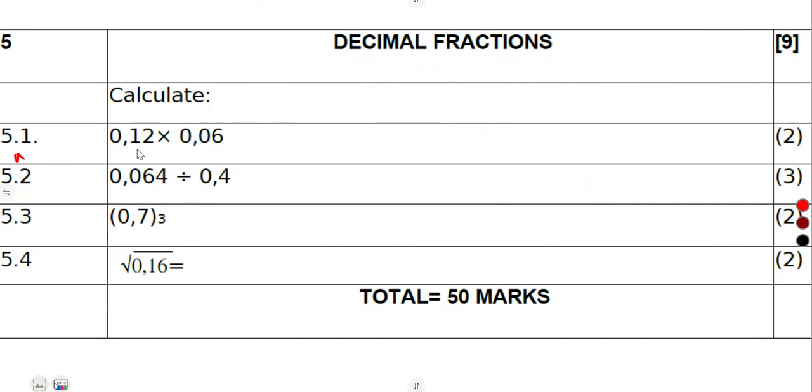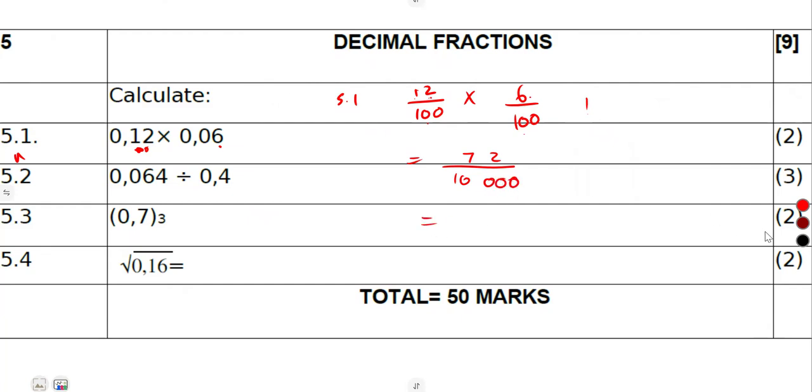All right. Anyways, this is same as what? 12 over 100, 2 decimal places, times 6 over 100 again. So you're going to simply multiply 6 times 12, that's 72. 6 times 2, that's 12, and 6 times 1, that's 6, plus 1, that's 72 over 100 times 100, that is going to give us 4 zeros, 10,000.